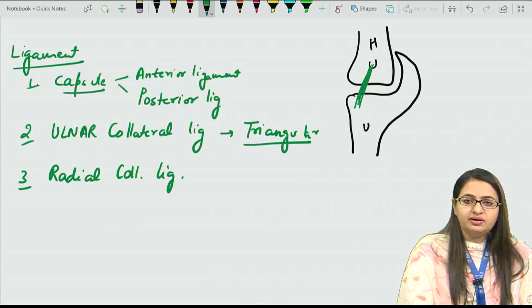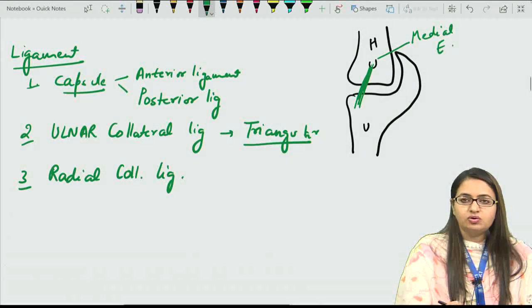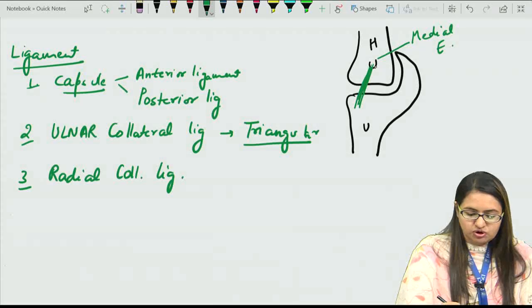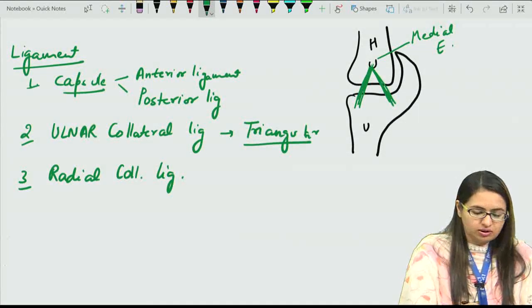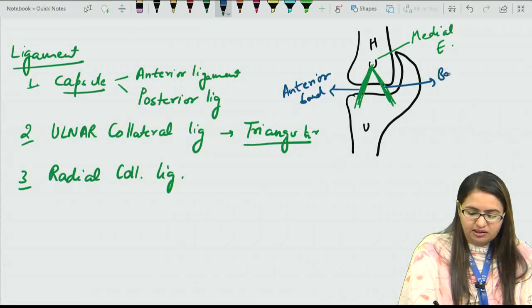It has an anterior band and a posterior band. The anterior band extends from the medial epicondyle to the coronoid process. The posterior band begins from the medial epicondyle and goes towards the olecranon process. This is the anterior band and this is the posterior band of the ulnar collateral ligament.